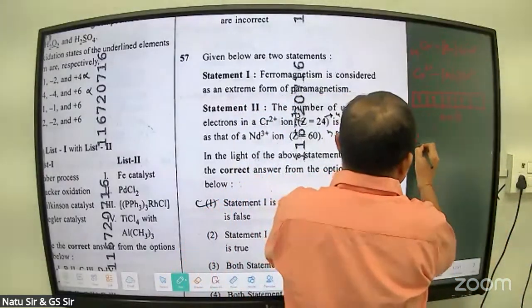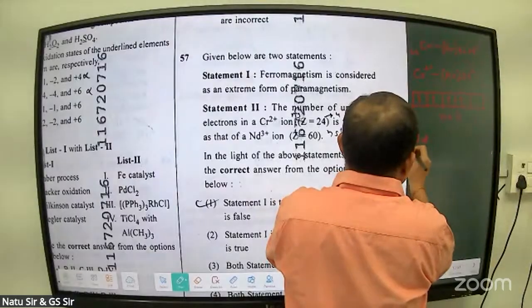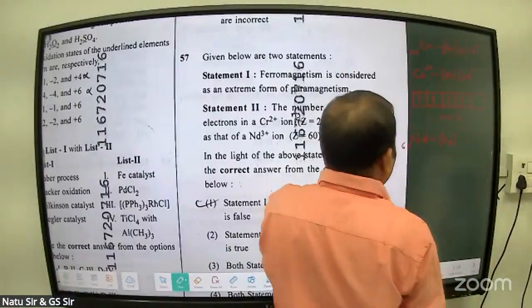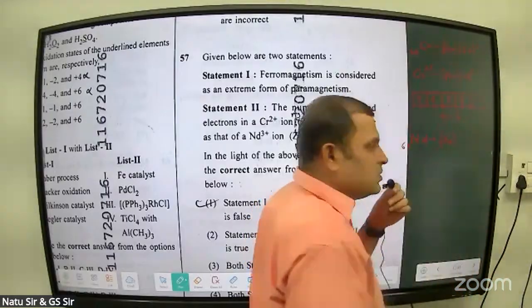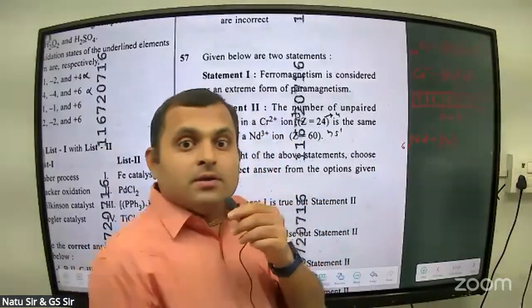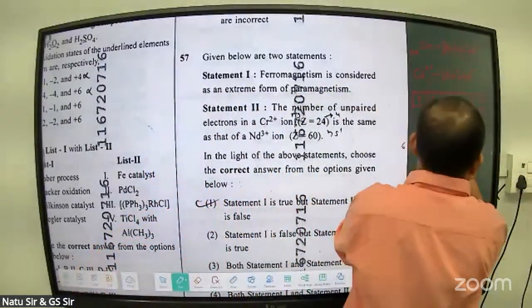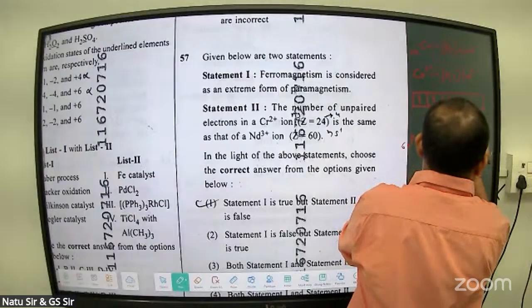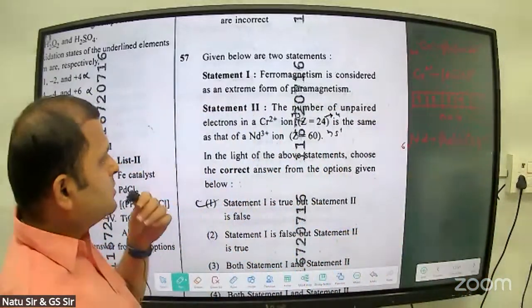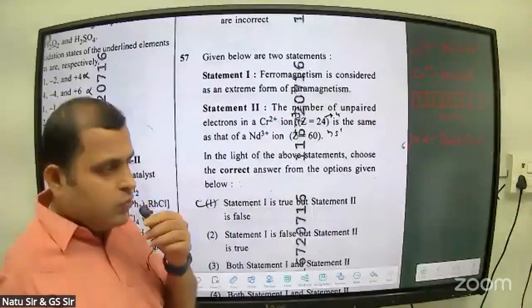Whereas for Nd, atomic number is 60. So this configuration is xenon followed by, xenon already has 54 electrons. So now how many are remaining? 6 are remaining. This will become what? 6s2 followed by 4f4. Right? It is 6s2, 4f4.